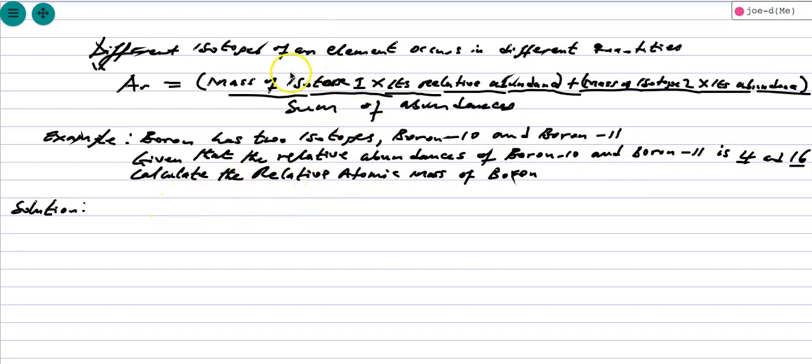Now let's go back to our formula: mass of isotope 1 times its relative abundance plus mass of isotope 2 times its relative abundance, divided by the sum of the abundances. So let's look at the mass of isotope 1. Isotope 1 is boron-10, and isotope 2 is boron-11.